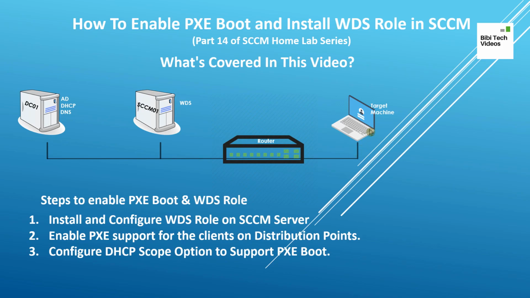Any new machines that I bring into this environment, and I'll show you a demo on how to deploy an image using PXE, will get connected to this router, and then obviously be on the same network as these 2 devices. So let's move to SCCM01, and I'm just going to get started.